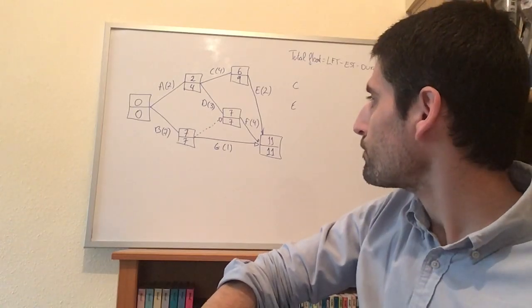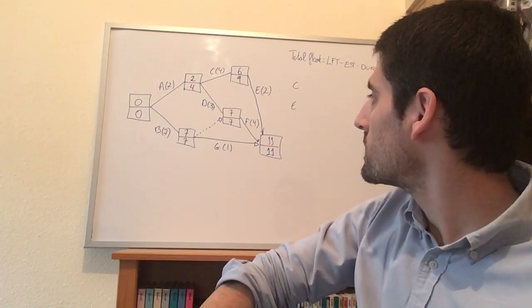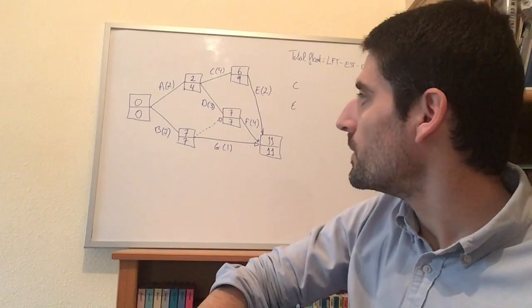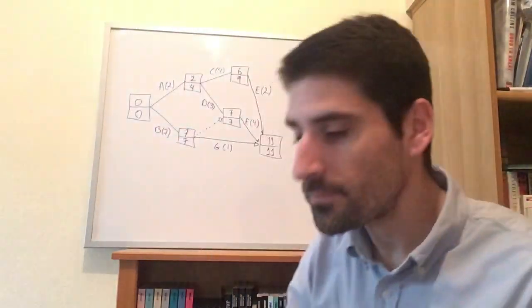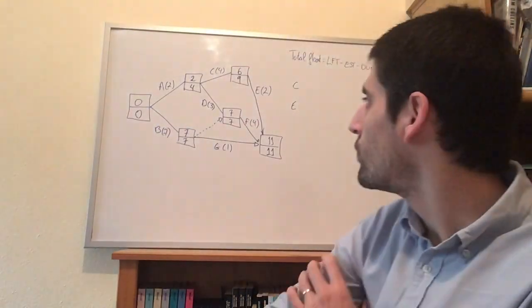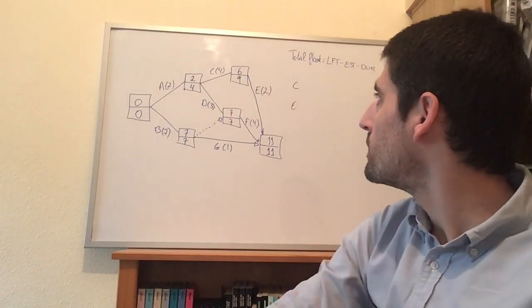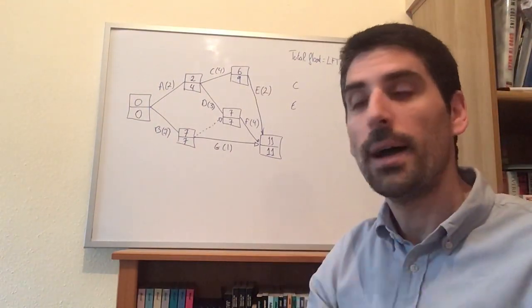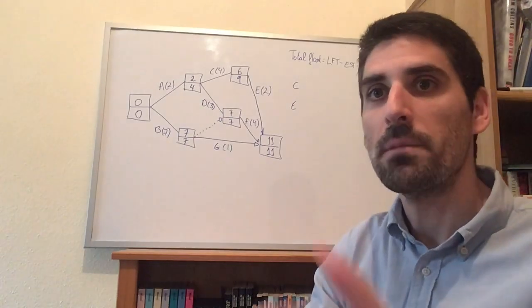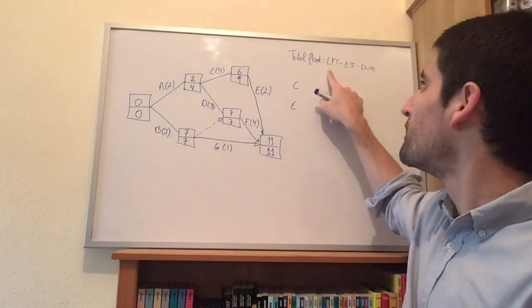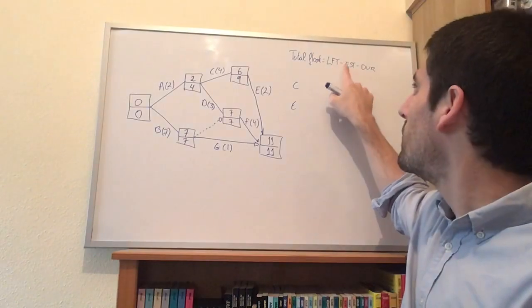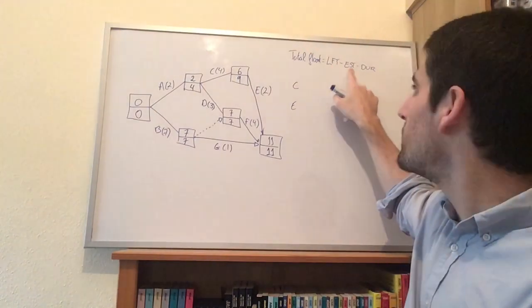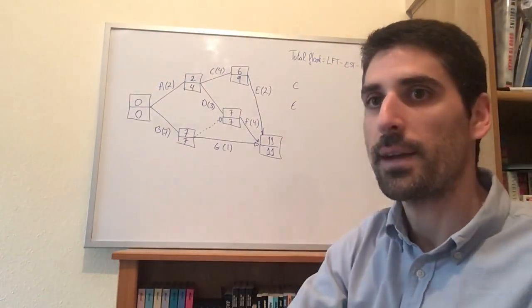And here we go. The formula to find the total float of a non-critical activity is given by a simple formula. It is the late finish time minus the early start time minus the duration of the activity.